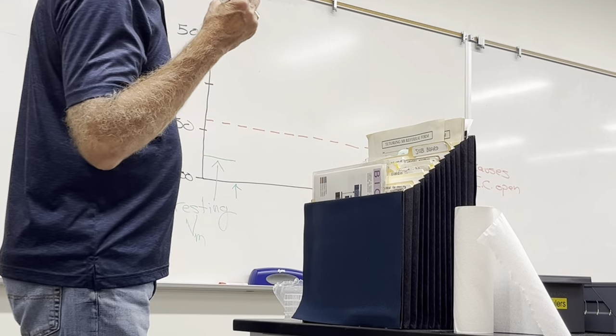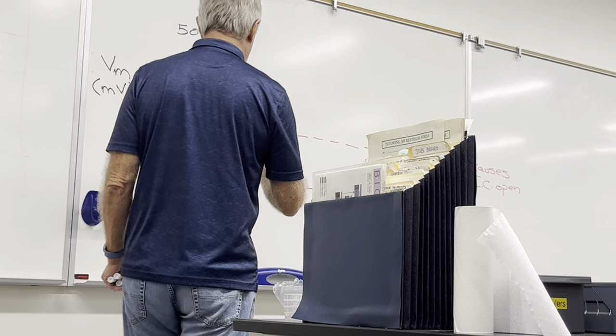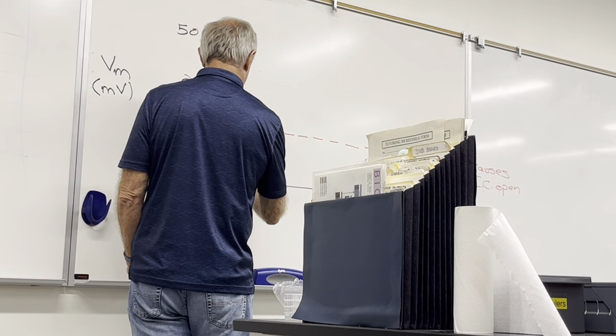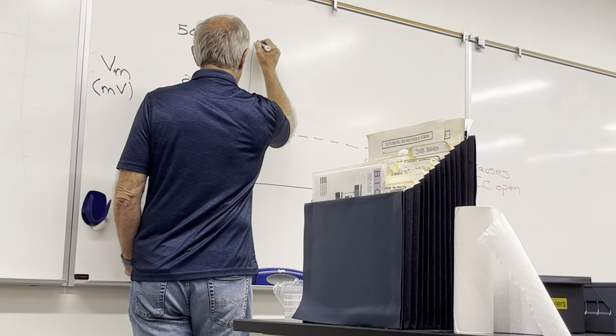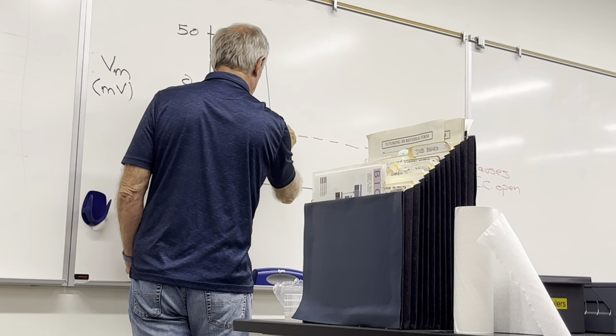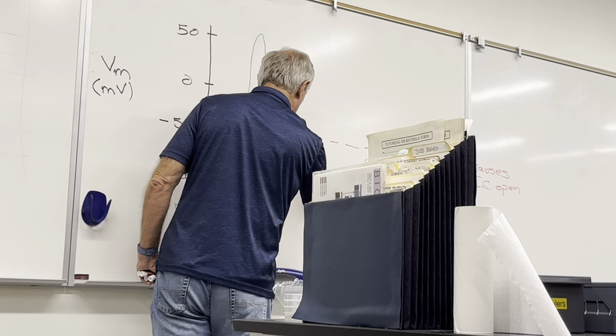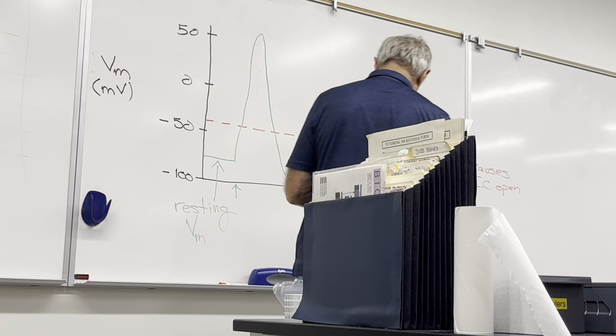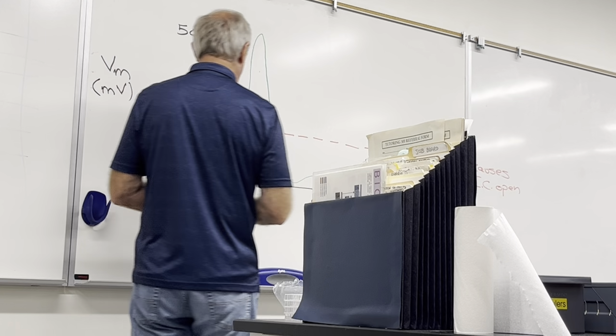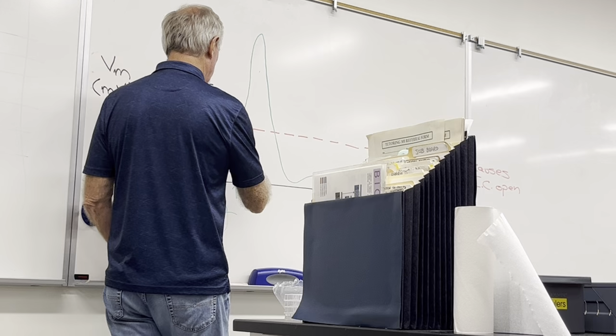And we excite it with a stimulus that's strong enough to get to threshold. And when that happens, we generate this electrical event that we refer to as an action potential. There are different phases in this action potential.